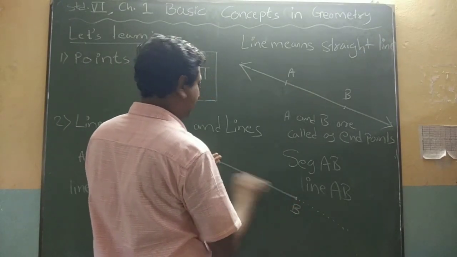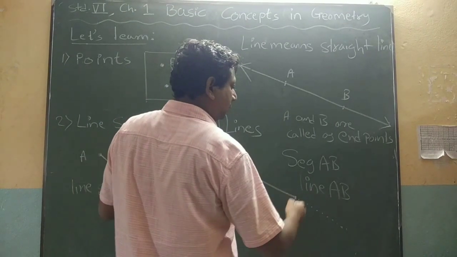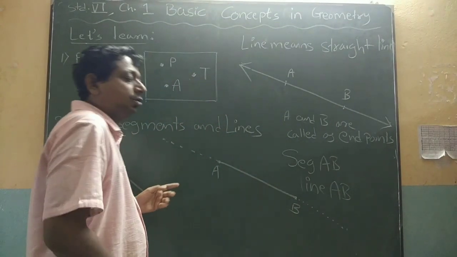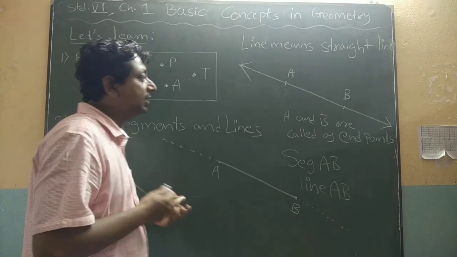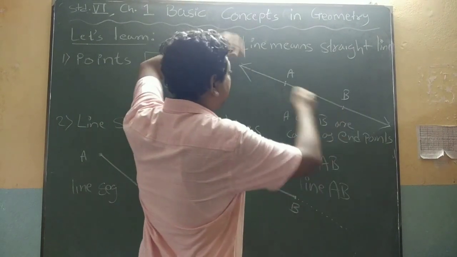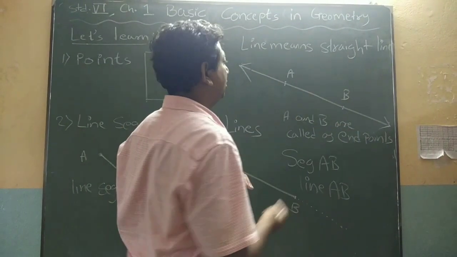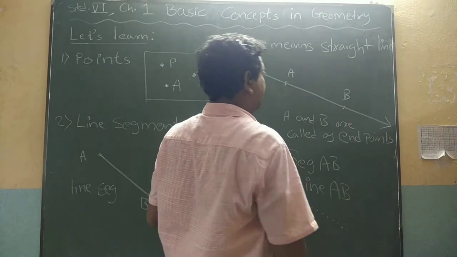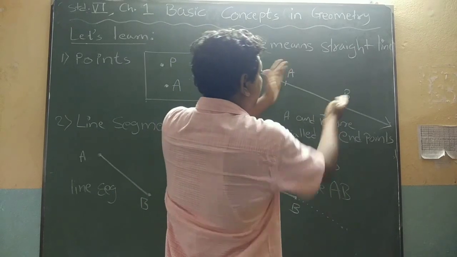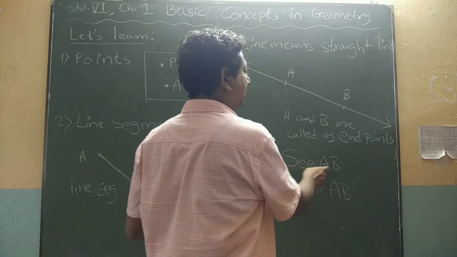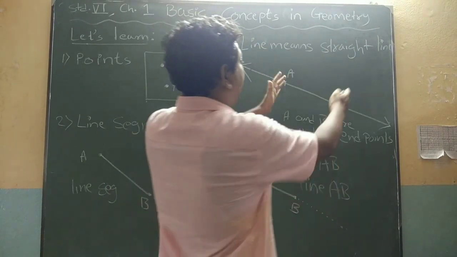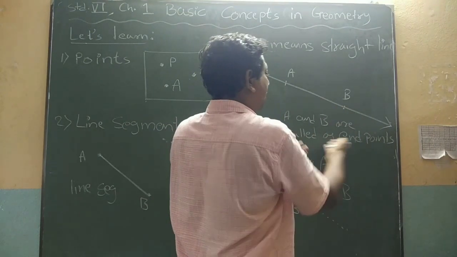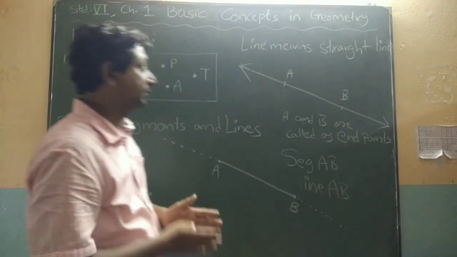This is a segment, and it is going in either direction, so it is also a line. Now here, specifically, two arrows are shown. So this is a line. You can call it line AB. If you are talking about this much part only, it has to be called segment AB, where A and B are called end points.